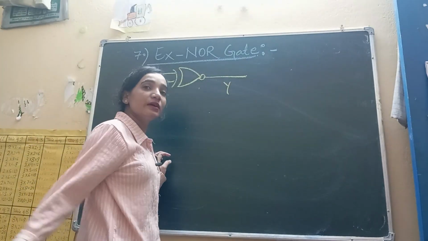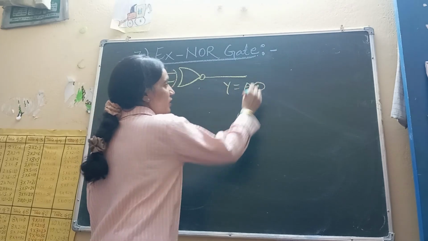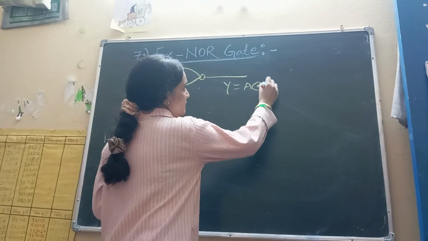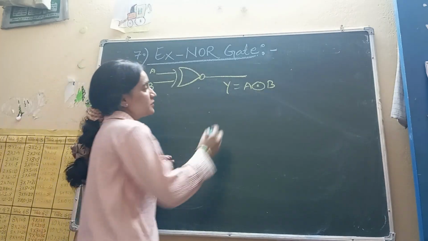Here is our output, A XNOR B, given as dot and circle, this symbol. This is the Boolean expression.